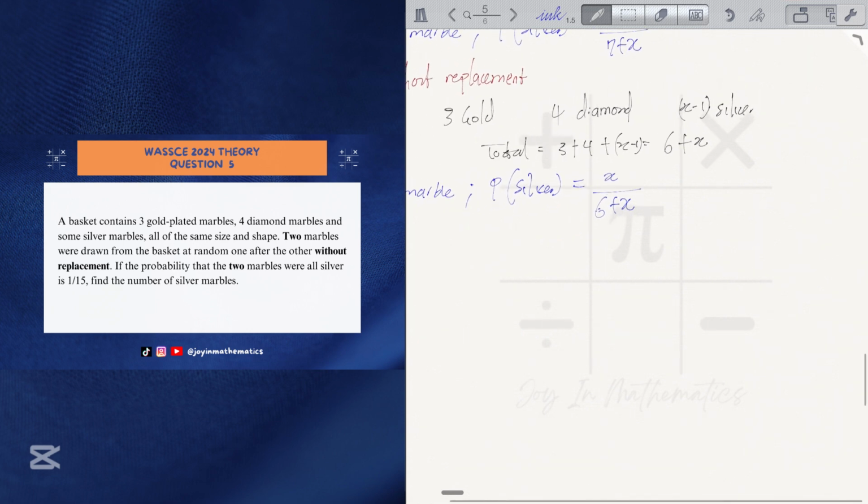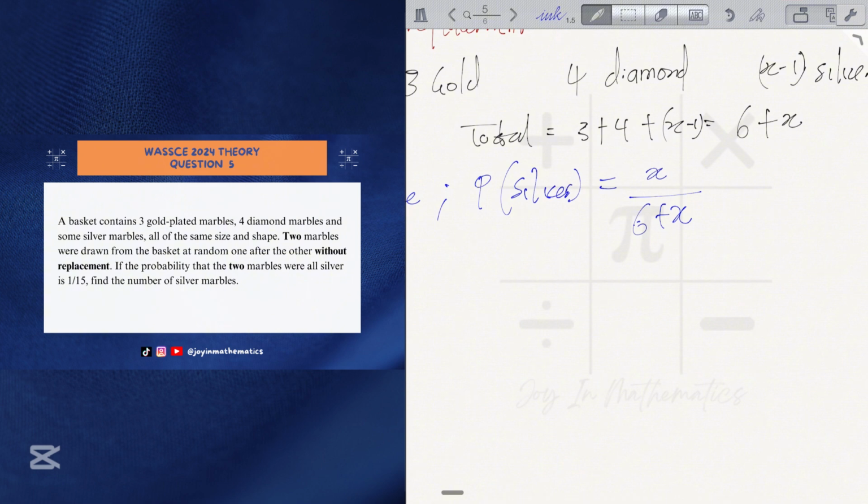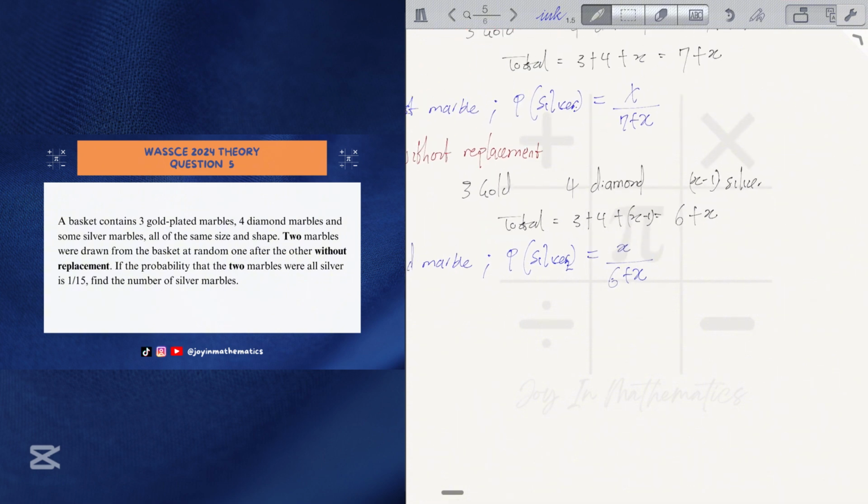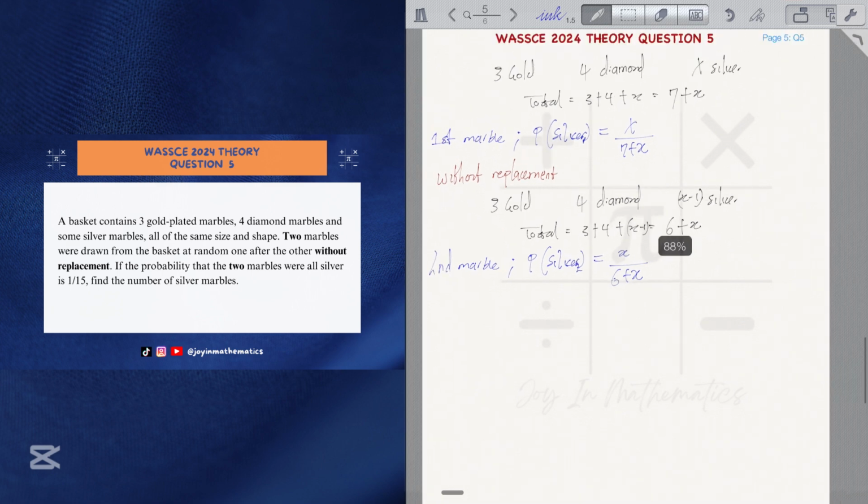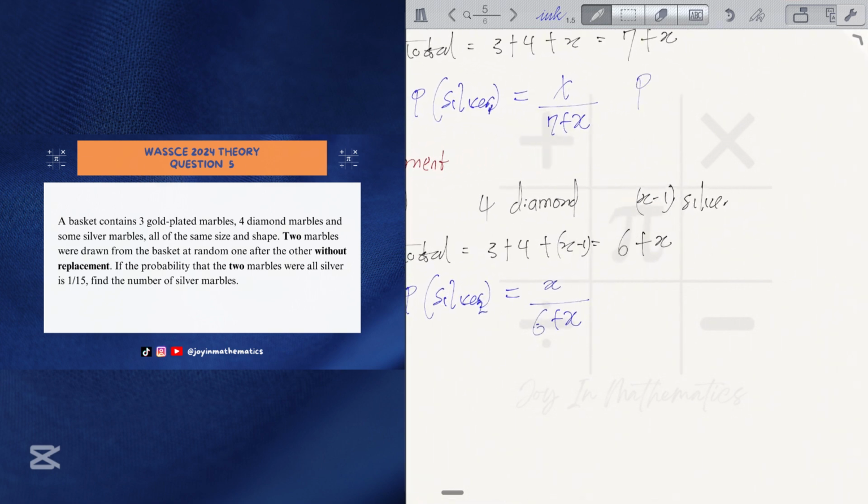So in essence, we are saying that P of silver 1 is equal to x divided by 7 plus x, and P of silver 2, when it is the second marble drawn, is x minus 1 divided by 6 plus x.